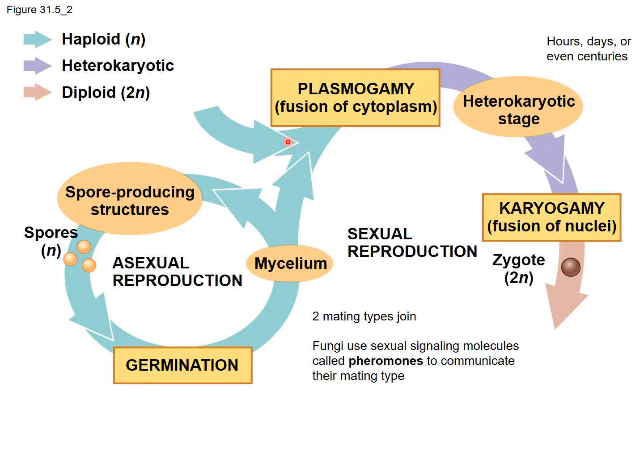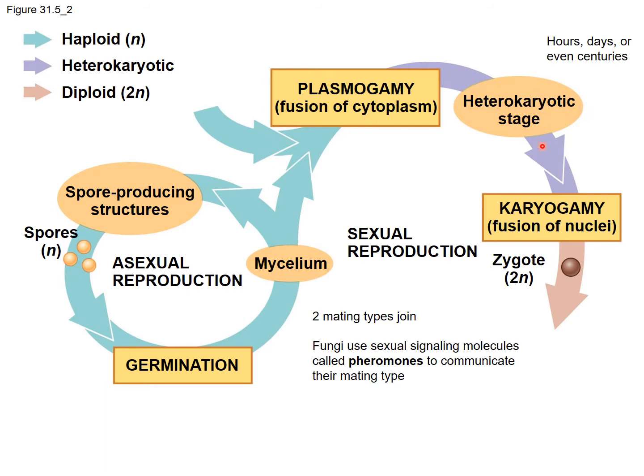So they're not genetically the same. When these hyphae fuse, this is called plasmogamy. Okay, so this is where the cytoplasm fuses together, but the nuclei of each of the different mating types still stay separate. This is the heterokaryotic stage.